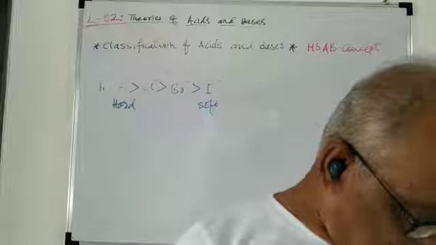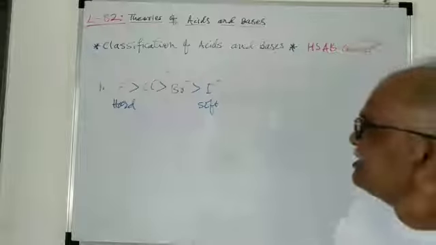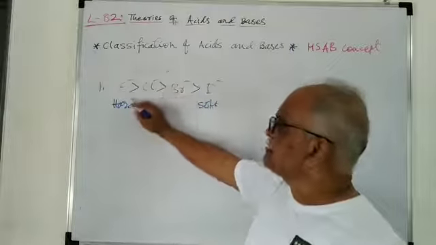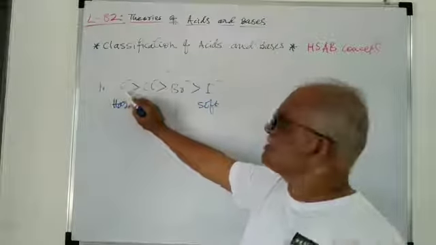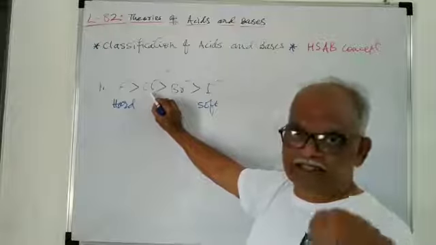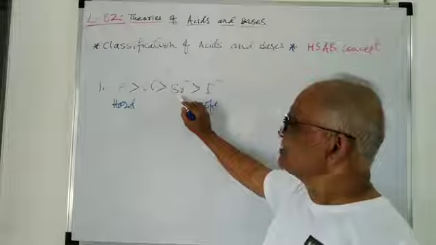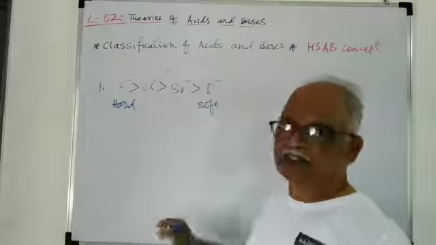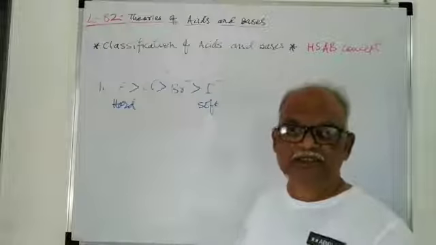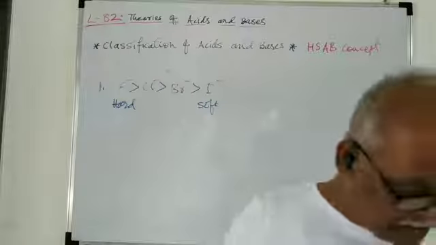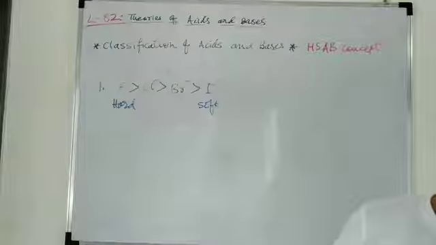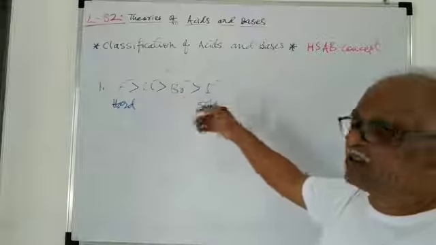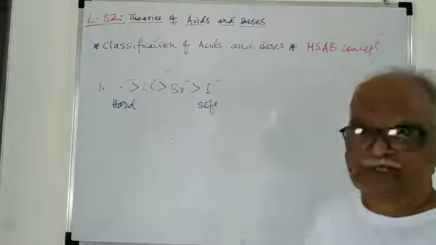The hardness decreases in this order because F minus is smaller in size, Cl minus is relatively larger, Br minus is also larger. So size increases in this direction and softness also increases in this direction.